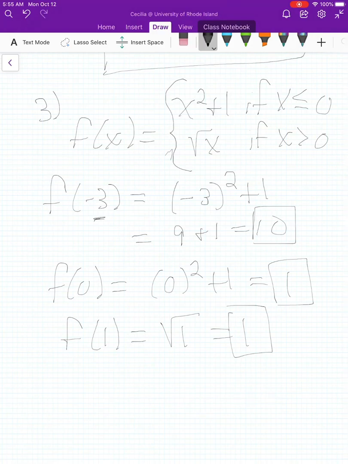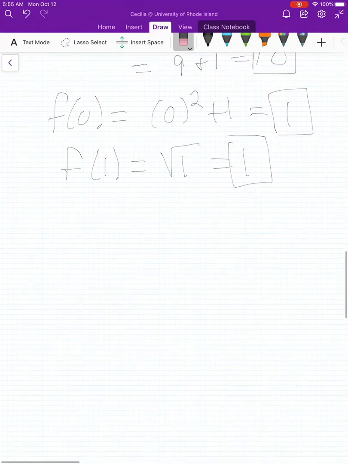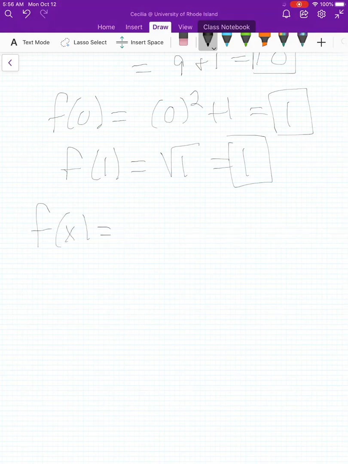Okay, the next problem is we're going to have another piecewise defined function, and we're going to try this again. This one's just a little more complicated. It's f of x, and it's equal to negative a half x squared plus 3 if x is less than 1, and it's 2x squared plus 1 if x is greater than or equal to 1.